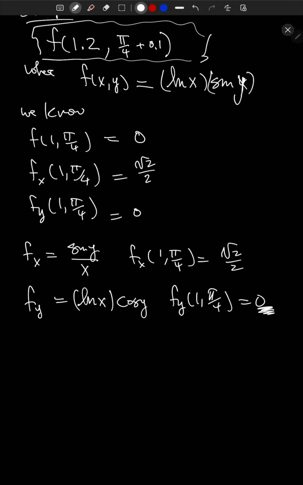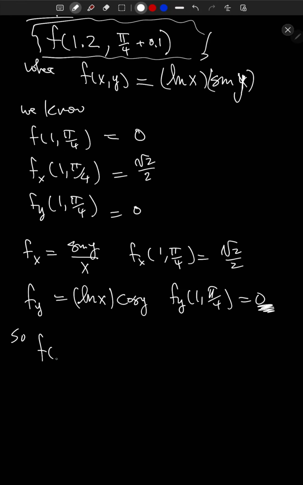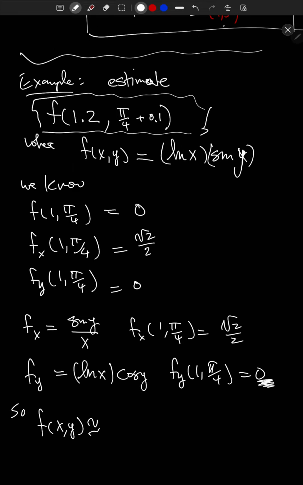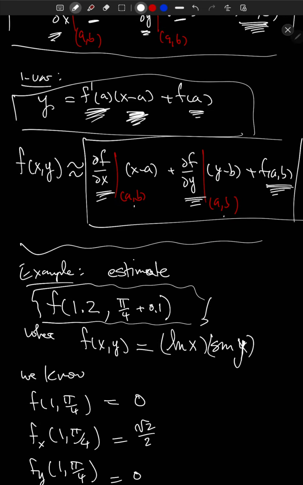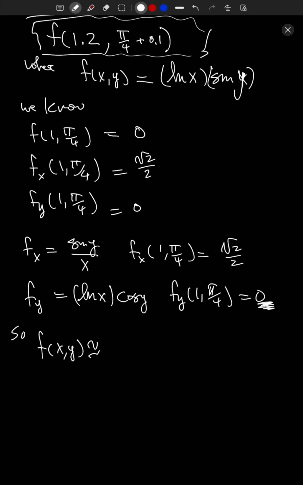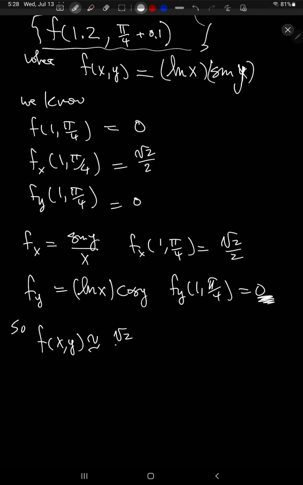All right, and so f of anything, let me write down the general formula, is approximately, so here we can just quote the formula, df dx at our point of interest. So that's going to be root 2 over 2 at our point of interest, f sub x, and then x minus 1, right?